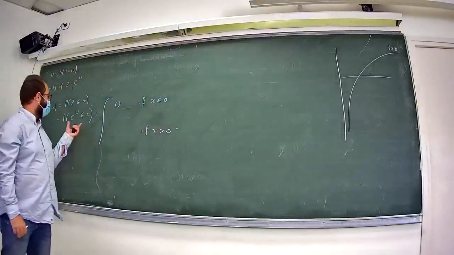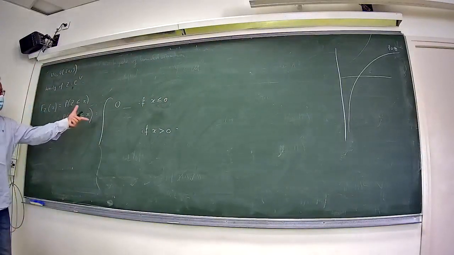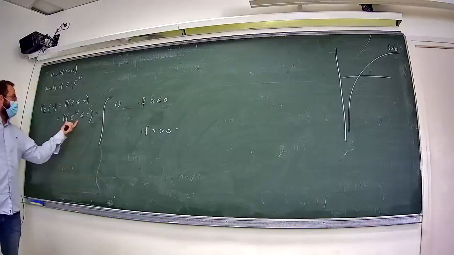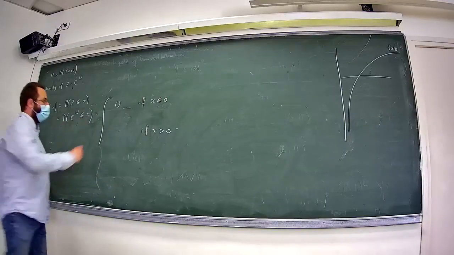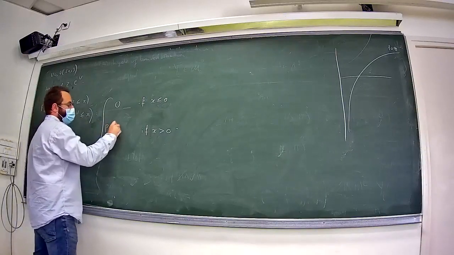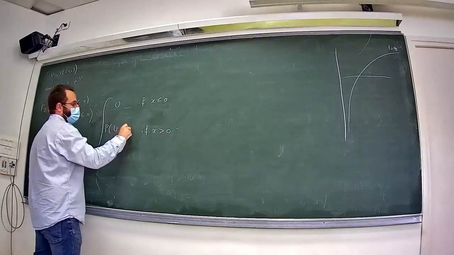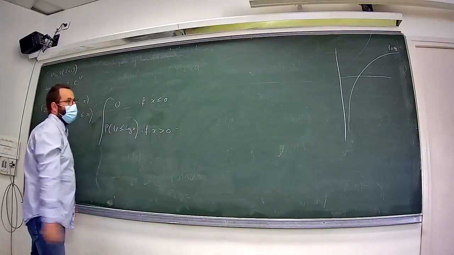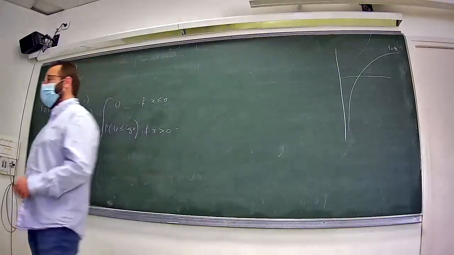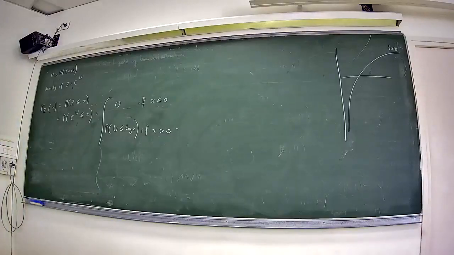And I know that when x is strictly positive, to say that the exponential of u is less than small x is exactly the same thing as to say that u is less than the logarithm of x, because the logarithm is the inverse of the exponential and is a strictly increasing mapping.